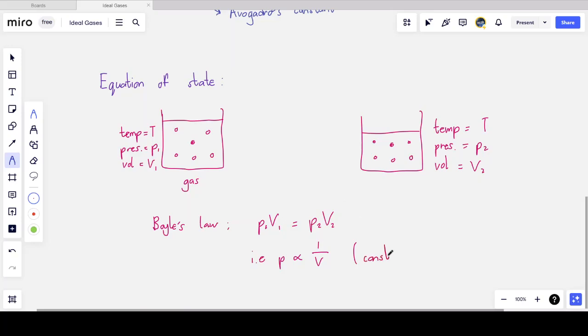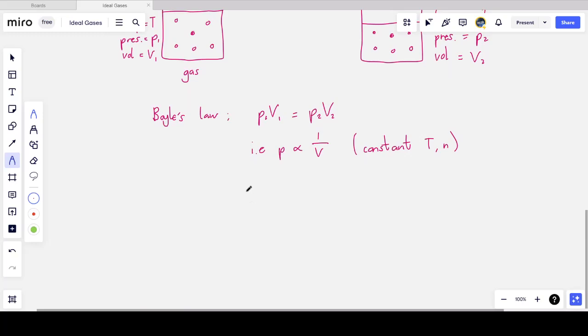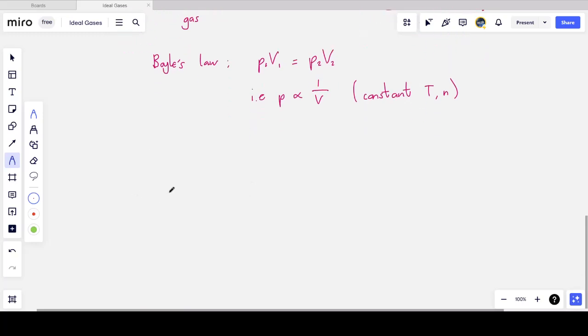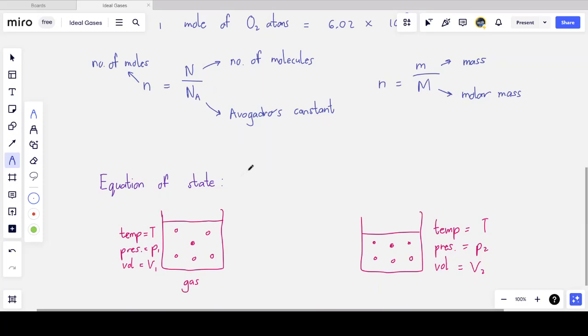And in this case, we keep our temperature and number of moles constant. So T and n remain constant. Remember, in this topic, we are considering thermodynamic temperatures, so temperatures measured in Kelvin in general. And then we have our first relation there, Boyle's law, and these are the gas laws. So I'm talking about the equation of state, but I'm starting off with the three gas laws.